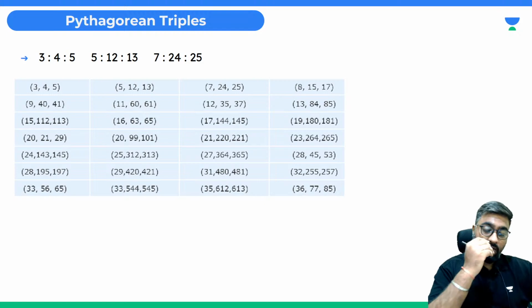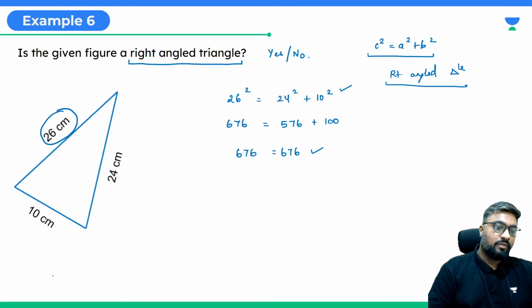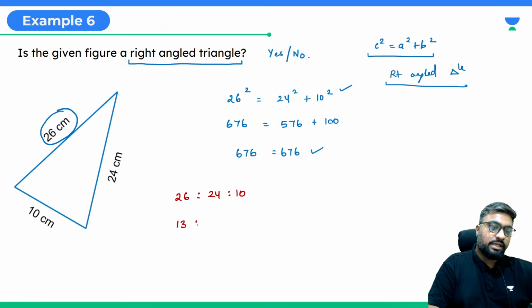चलिए, तो here another thing that I want to bring to your notice, if you look at the ratio of the sides, 26 is to 24 is to 10, they are in the ratio of what? 13 is to 12 is to 5. Yes, 13 is to 12 is to 5.